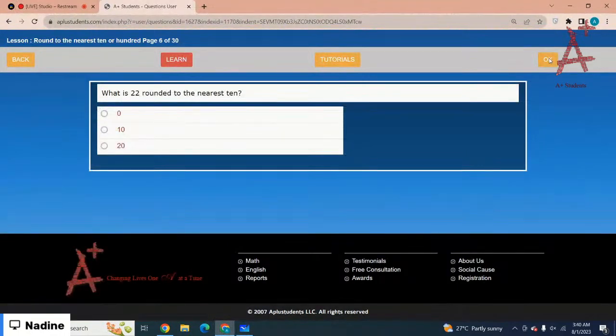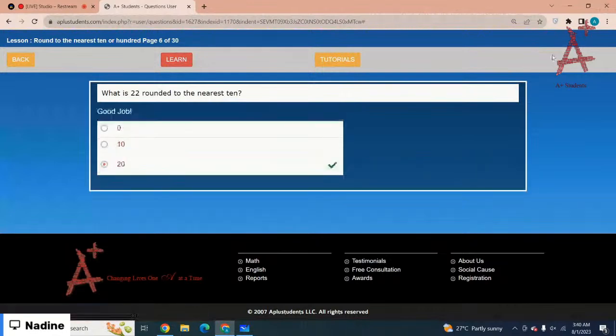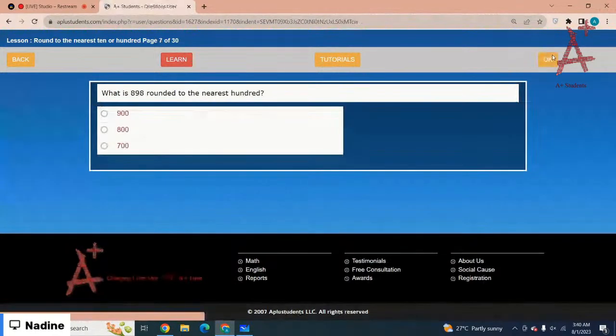Okay, what is 22 rounded to the nearest 10? So which is the correct option? 22 is rounded to 20. The correct option is 20. What is 898 rounded to the nearest 100?